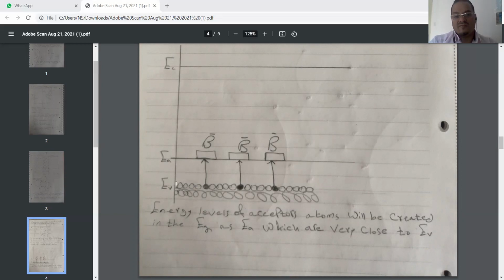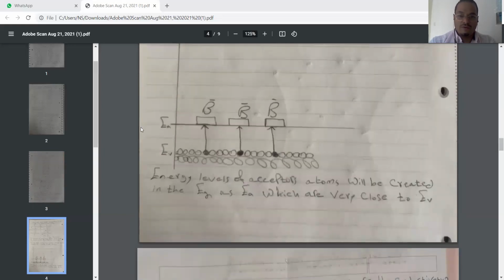At first we have the valence energy band, EV, at the bottom of this diagram. EC will be the upper line of this diagram. EC means the conduction energy band, and in the middle will be EF, the Fermi energy level, and another situation, the extrinsic Fermi energy level. But now that's not our lecture, that's not our target.